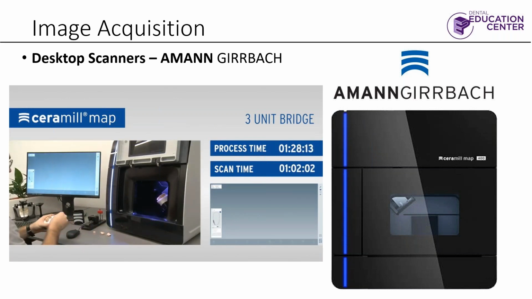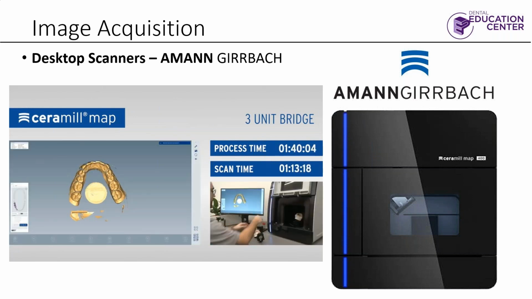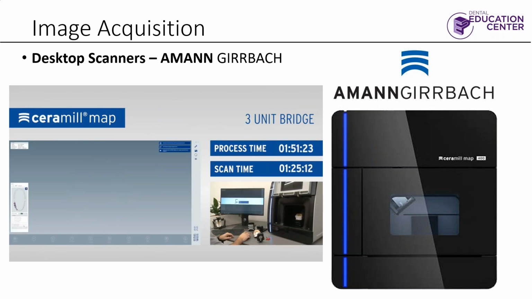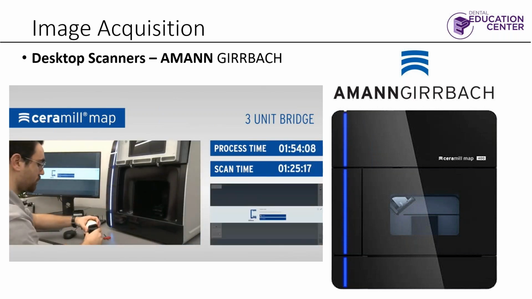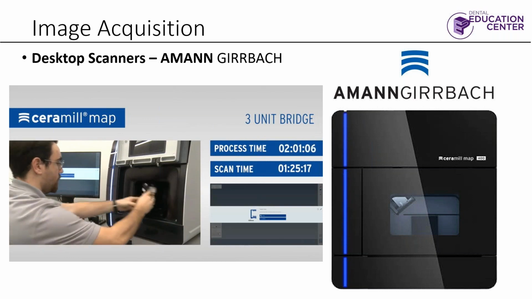But with a good quality desktop scanner, like the one that you're showing there from AG or some of the others, or a good intraoral scanner, realistically, as long as you're doing the clinical side of things, the accuracy of the fit of the restorations really is pretty incredible compared to taking an impression and dealing with the small amount of distortion there, and then pouring up models and dealing with a little bit of distortion there. Being able to go straight to the digital really makes a tremendous difference.